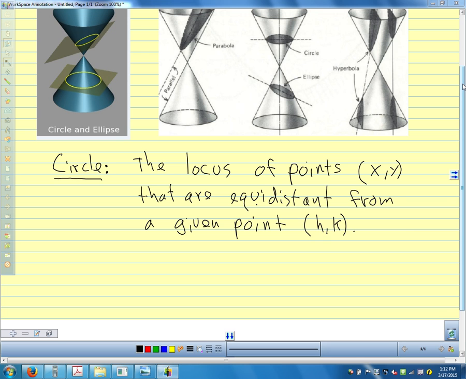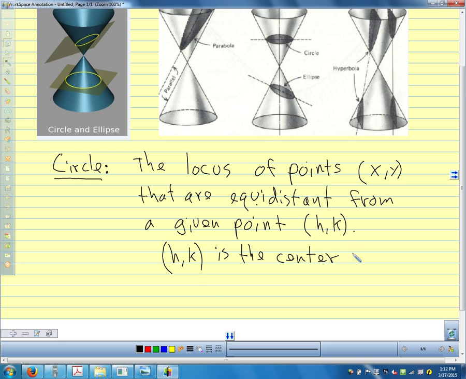What do we call this given point that we're talking about for our circle? The center. (h, k) is the center. And it says all these points are equidistant from the center. What do we call that distance for a circle?